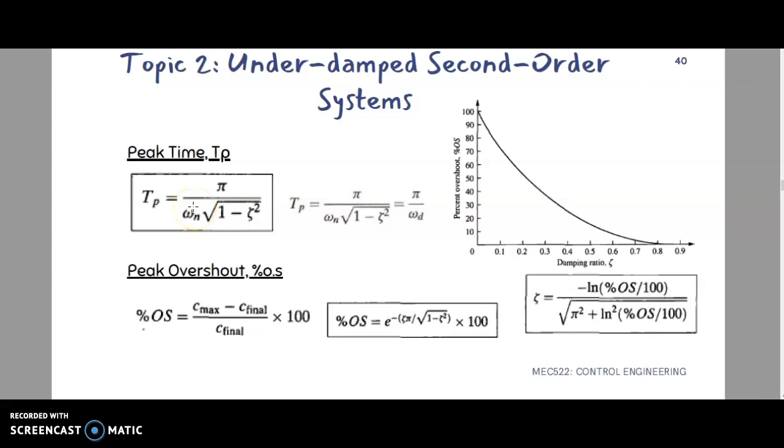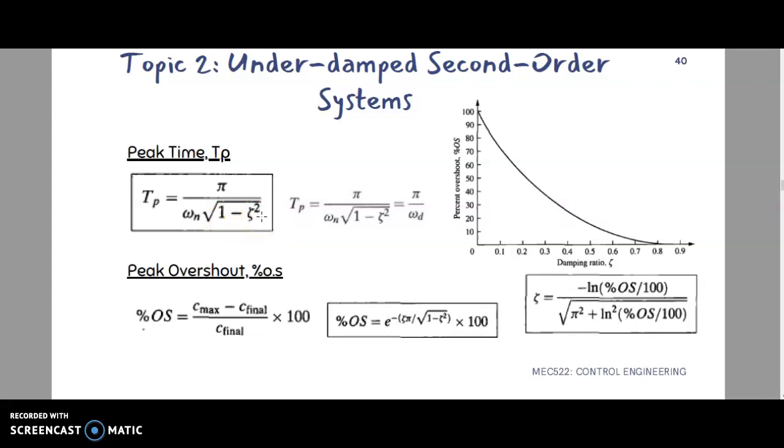For the peak time, Tp, you can use the equation pi divided by omega n multiplied by the square root of 1 minus zeta squared, or you can use pi divided by omega d. Here you know that omega d is omega n multiplied by the square root of 1 minus zeta squared.